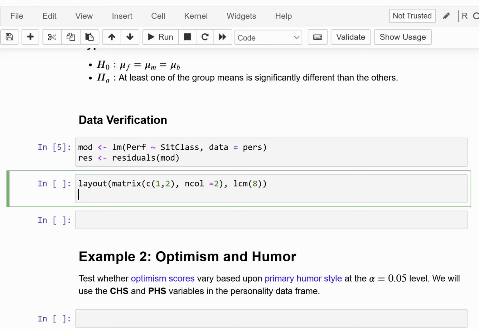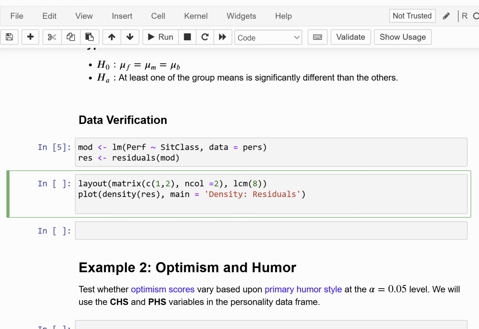What am I doing? Okay, let me do it. So plot density res. Okay, so a density plot on the residuals, and I'm just going to do main equals density residuals. Okay, and then I'm going to do PLT. Why?